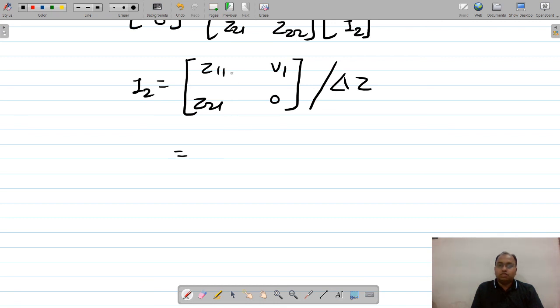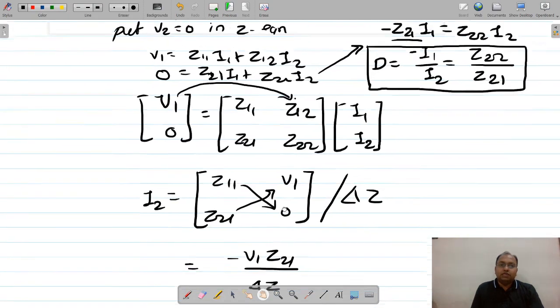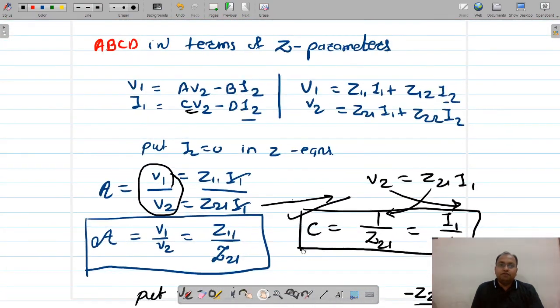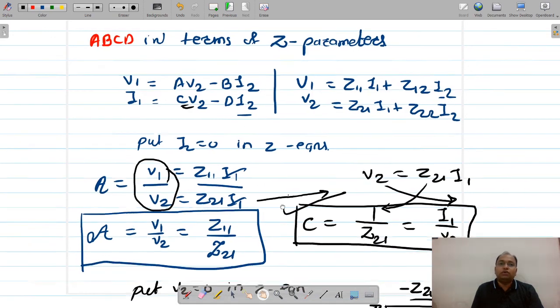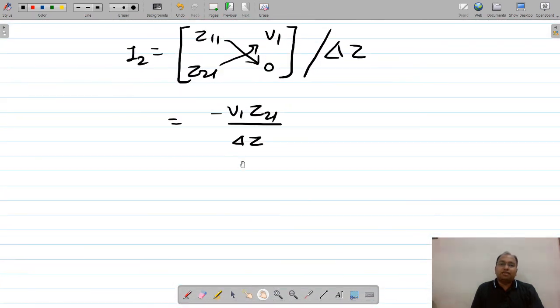So this is going to become 0, and minus of V1 into Z21 divided by delta Z. B is a ratio of V1 to I2. So let us first take V1 to the left hand side, and the minus sign also let us take out.